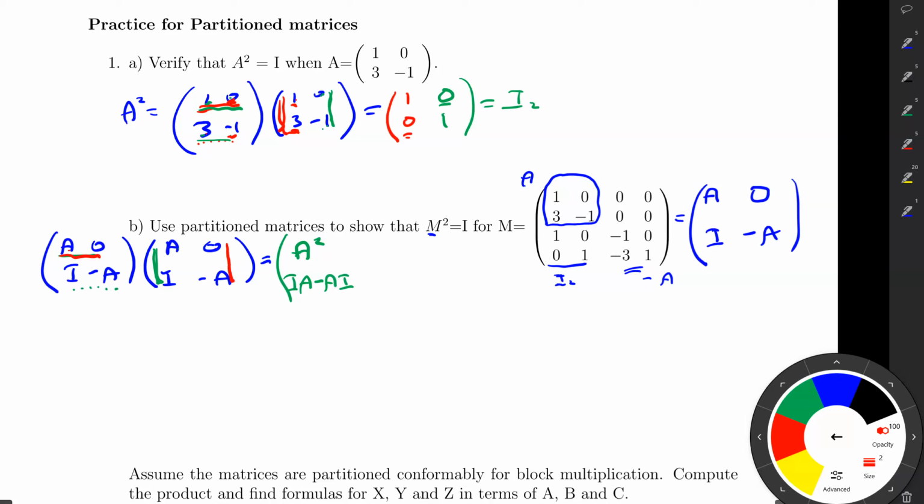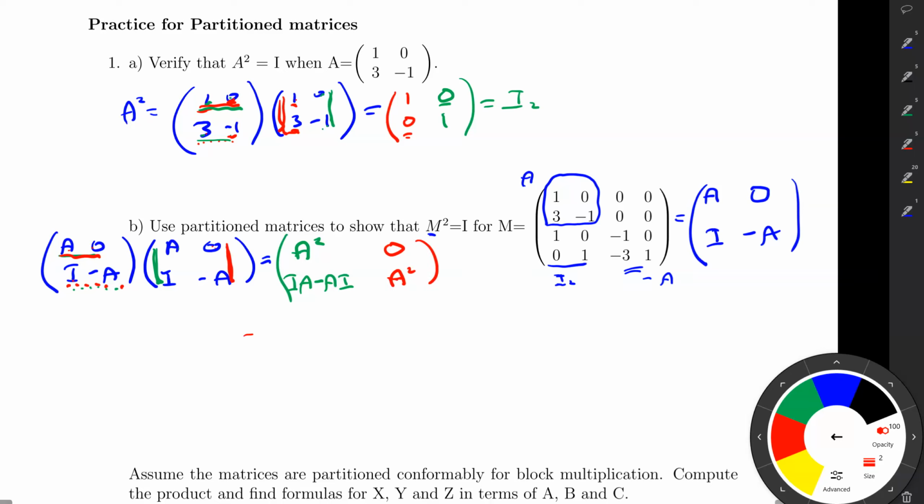A times 0 plus 0 times negative A. That's a 0. Now this row times this column: I times 0, that's 0, plus negative A times negative A. That gives me a positive A squared.